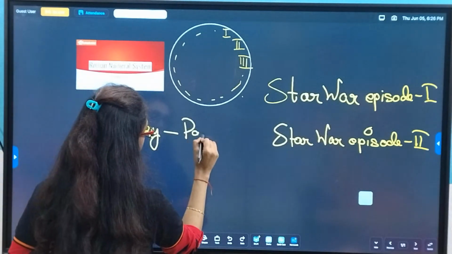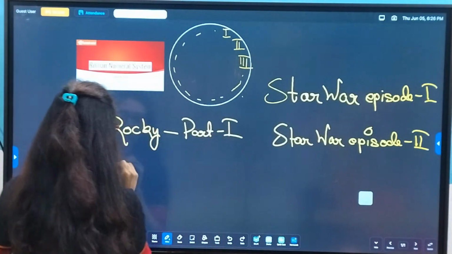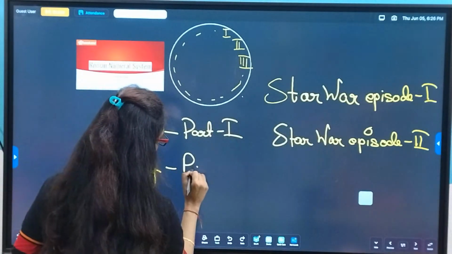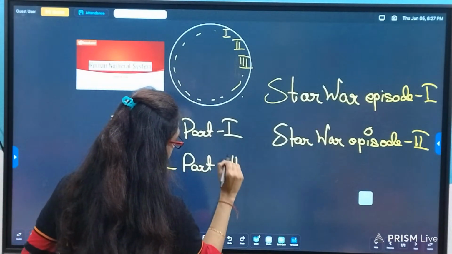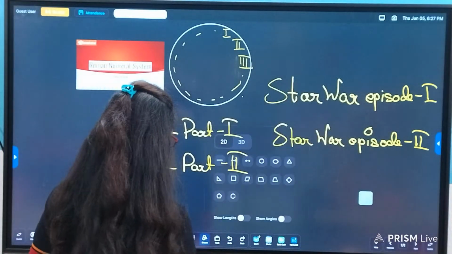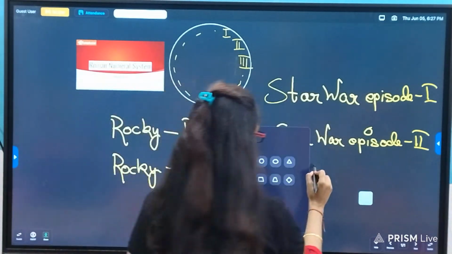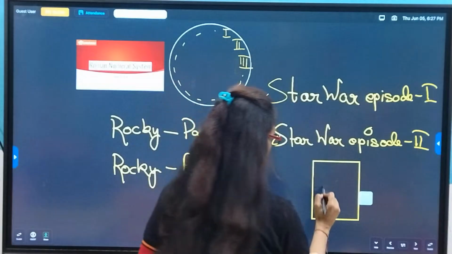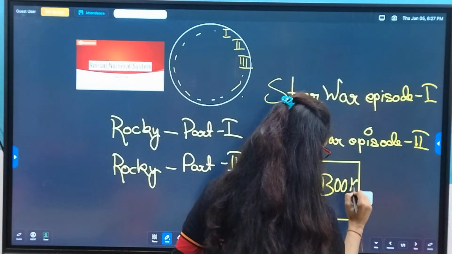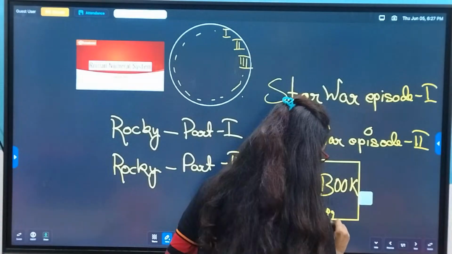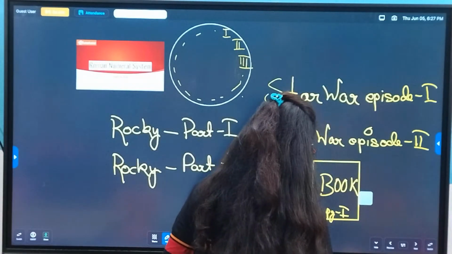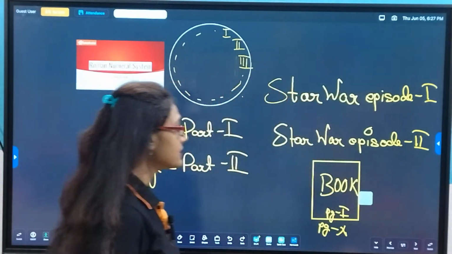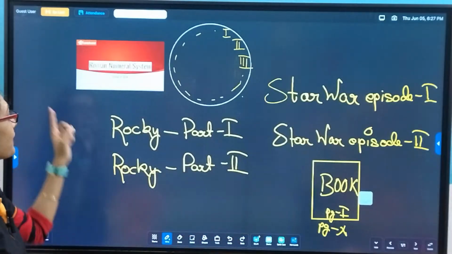Now suppose this is a book. In many books, the page number is written as I. The page number is written as X. So these are the things that are being represented by what?